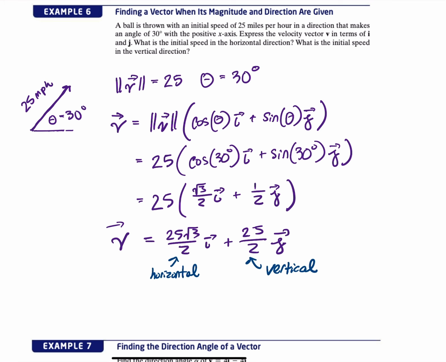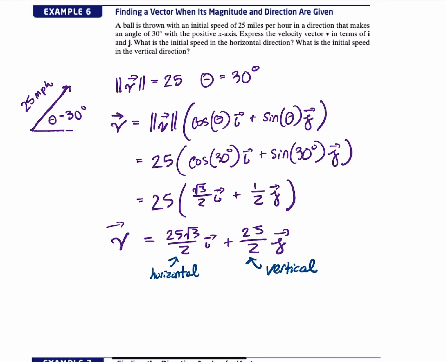So let's answer the question more directly. It asks for the horizontal initial speed, that's 25 root 3 over 2, or approximately 21.65 miles per hour.